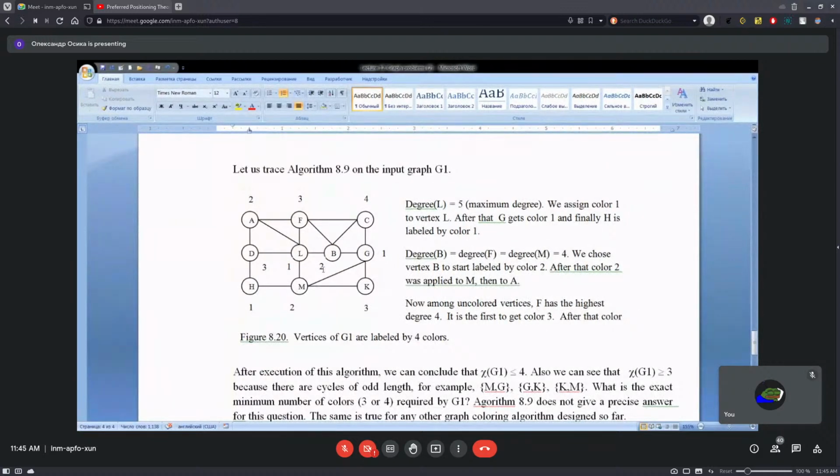And finally, among the vertices that are not adjacent to L and G, they are A and H. A is adjacent to G, by the way, that's why only H is left. We assign 1.